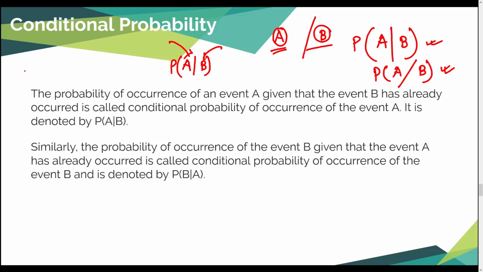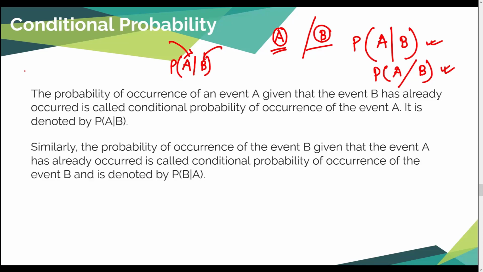So let's say probability of appearing in HS examination given the person has passed in HSLC examination. So in that case, B is HSLC, A is HS. So B already occurred and we are interested in A, right?